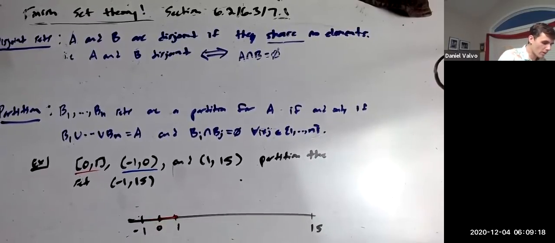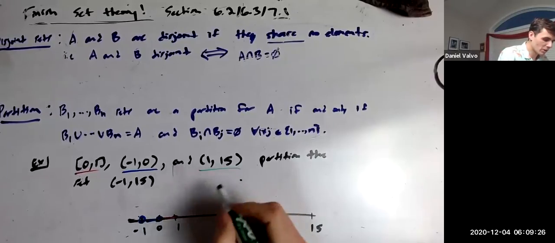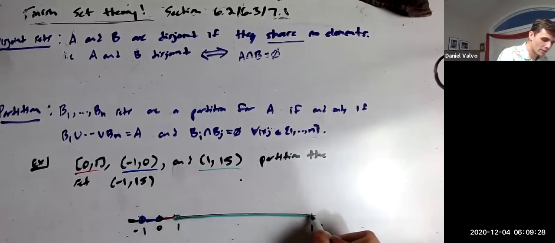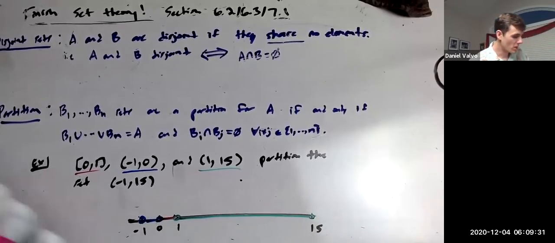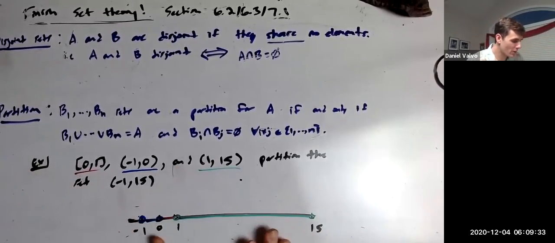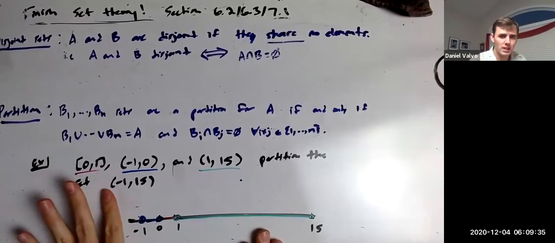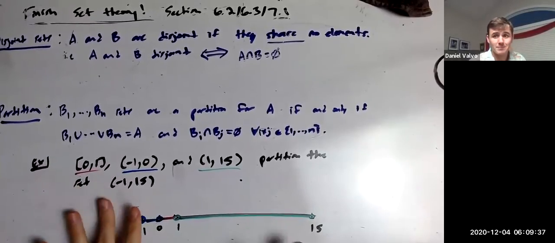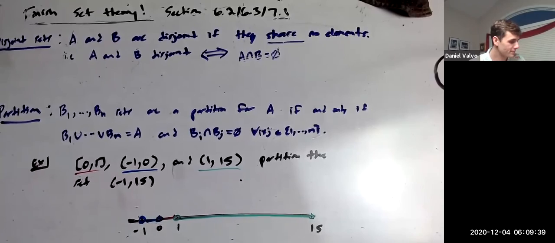Negative 1, 0 does not include the ends, so we don't have an overlap at 0. And then 1, 15 does not include the ends, so we don't have an overlap at 1. But notice, all these sets we put together, we get this set negative 1, 15, but they don't overlap. And we like that a lot.